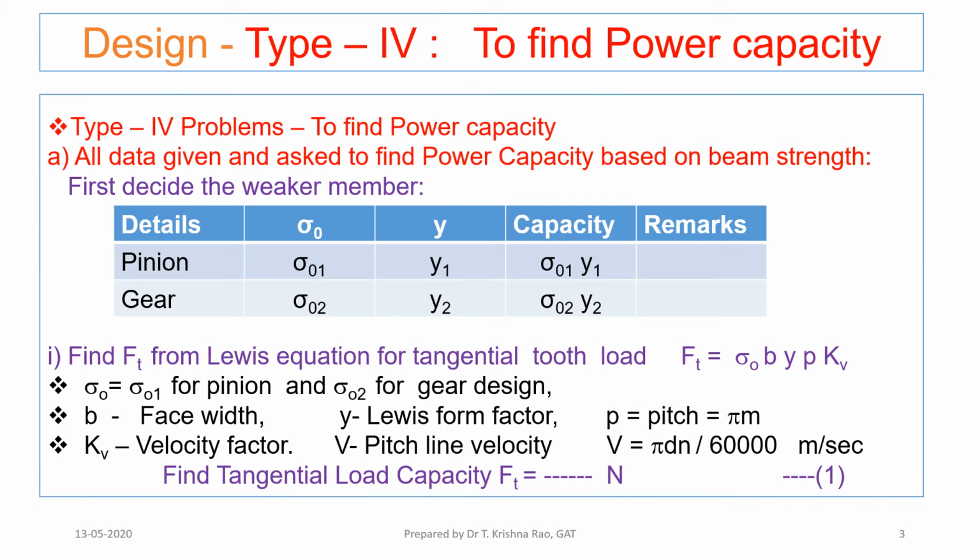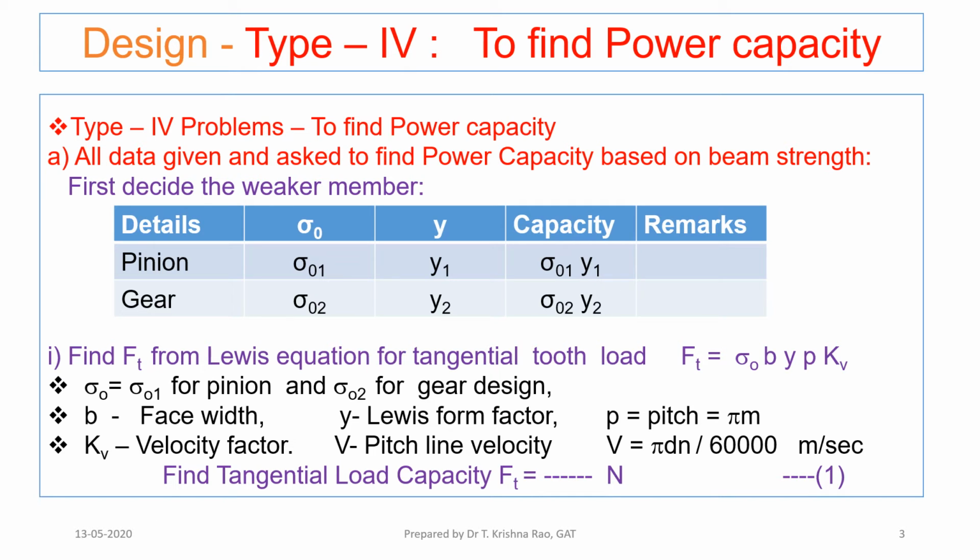Coming to type 4, where we have to find the power capacity, all the data would be given for us. As usual, the first step is to find out which is the weaker member, whether the pinion is weaker or the gear is weaker. By putting the capacity table here, we find sigma 01 Y1 and sigma 02 Y2. We have to find Y1, Y2 first, then put this table and see which is weaker.